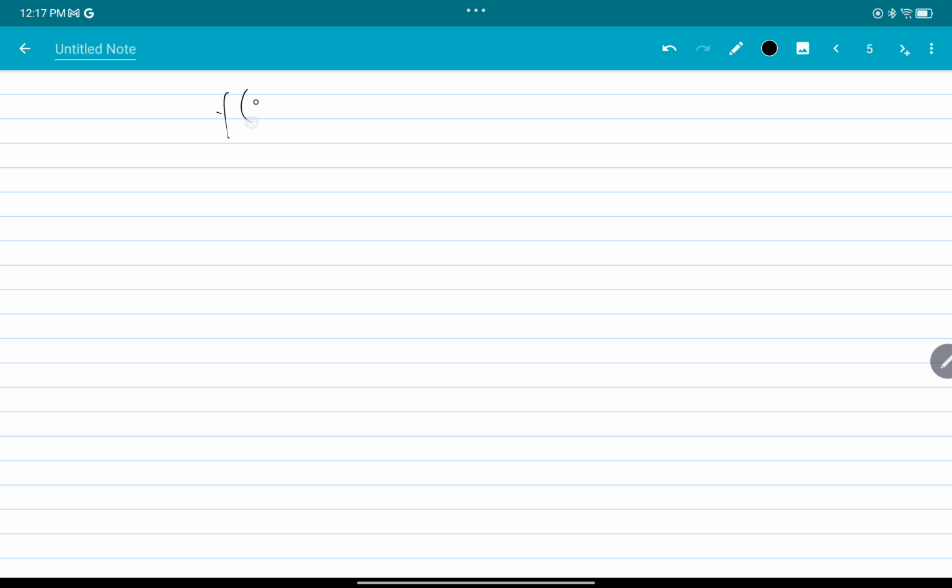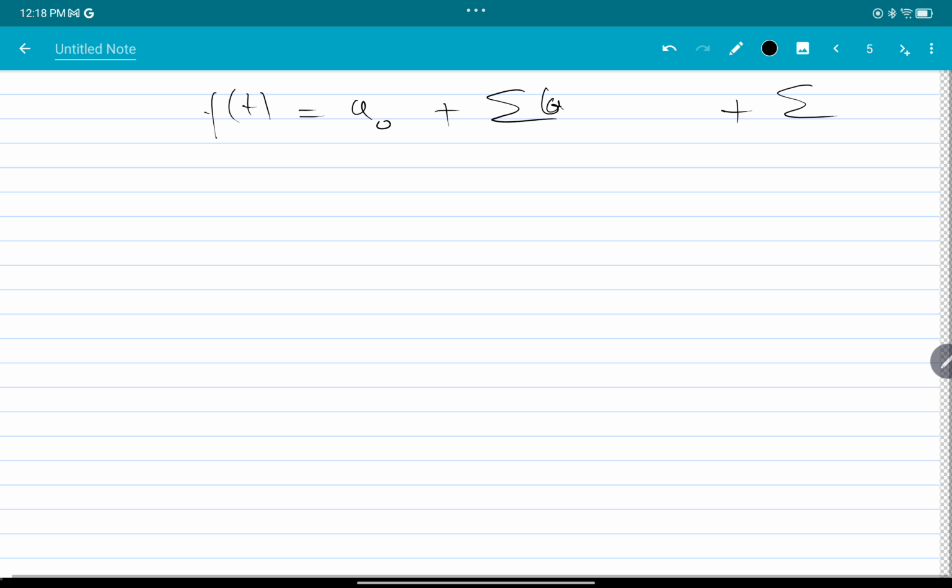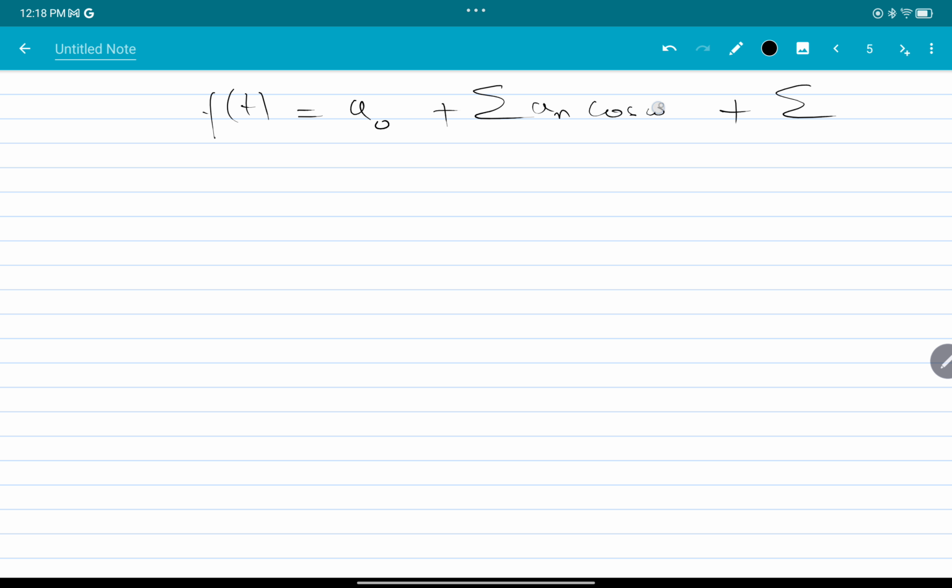Again, f(t) is equal to a0 plus sigma of an cos omega n t and bn sine omega n t, where the index n goes from 1 to infinity.